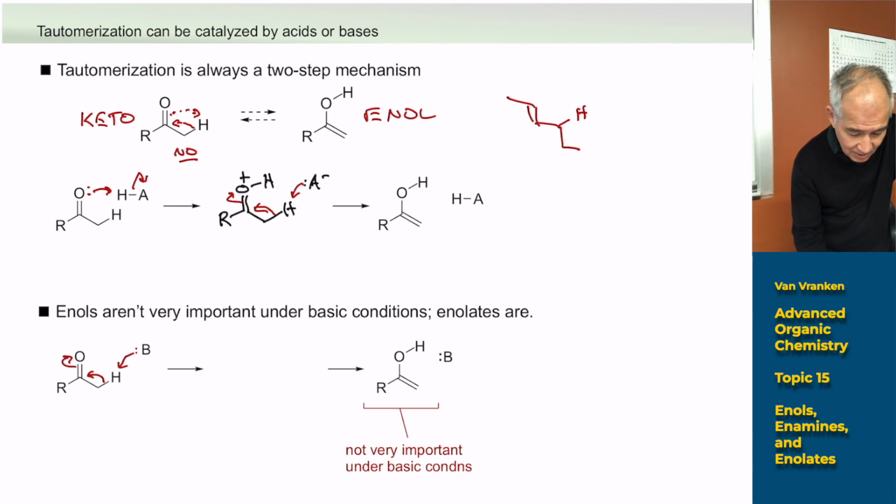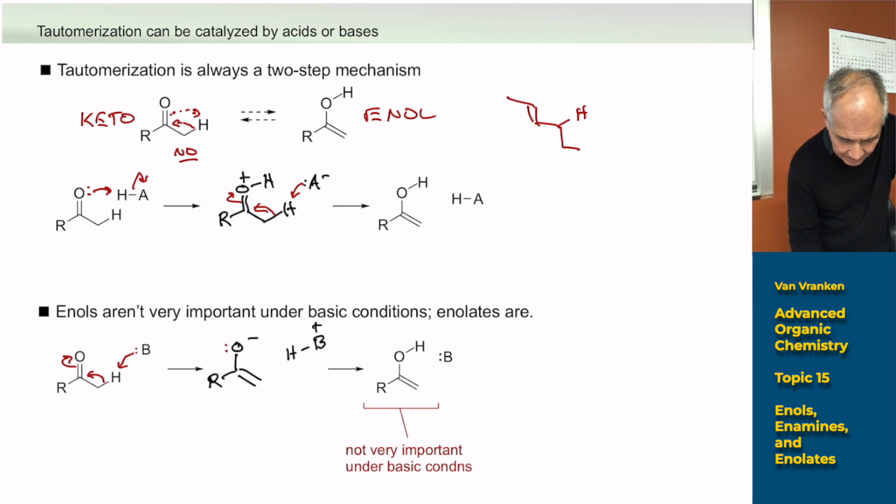It's basic, so deprotonate first to make an enolate like this, and then we end up with the conjugate acid. Let me draw that in a nice high contrast black, and then we draw our conjugate acid. If I drew B as neutral, I better put a positive charge there.